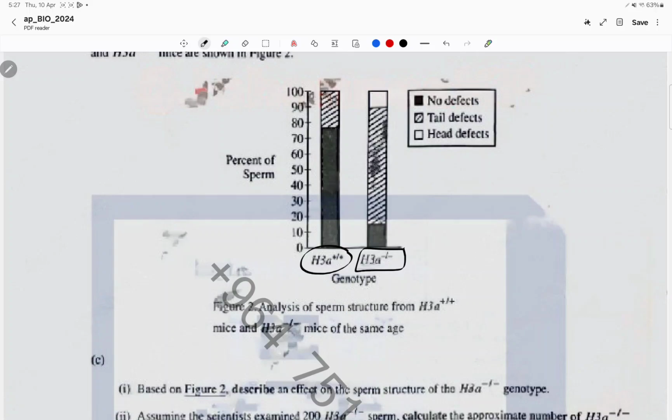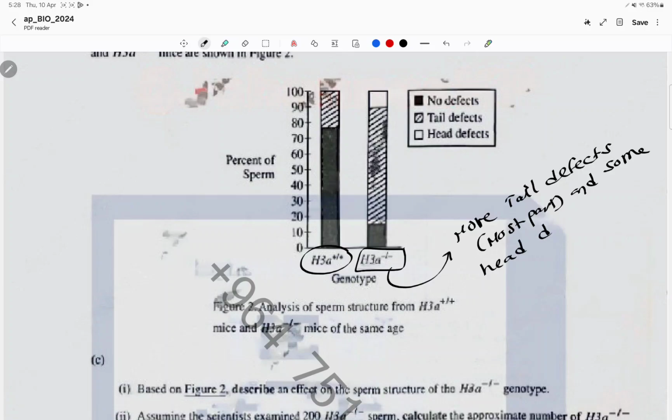CI, based on figure 2, describe the effect on the sperm structure of the H3A double minus. What do you think? So the H3A double minus, they had obviously more tail defects for the most part, and some head defects to a lesser extent.